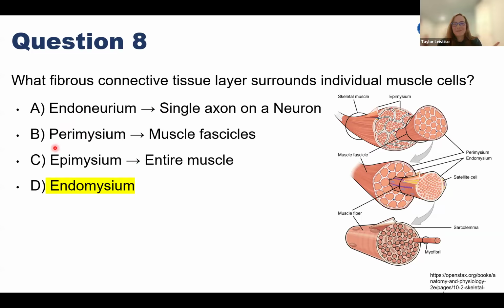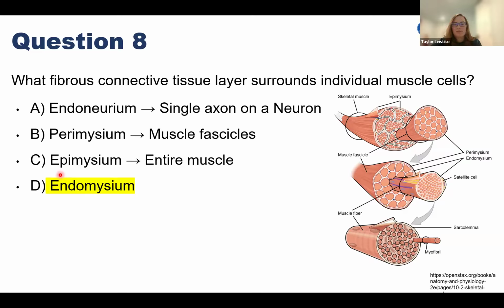I don't know why, it just works for me, but it's like the one in the middle. So that's between the individual muscle cells, but not quite around the whole entire thing. It's just right around the fascicles. That's your perimysium. And then the epi means over, or on, or above, or the outermost.